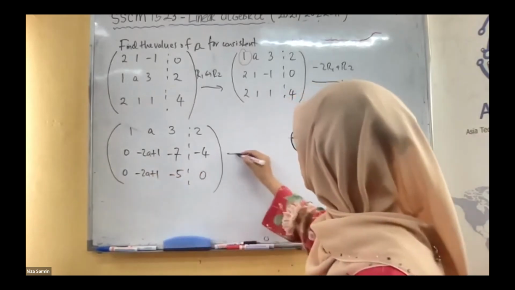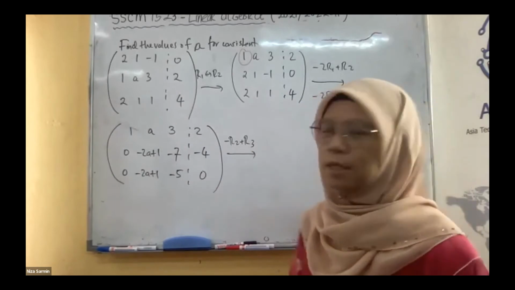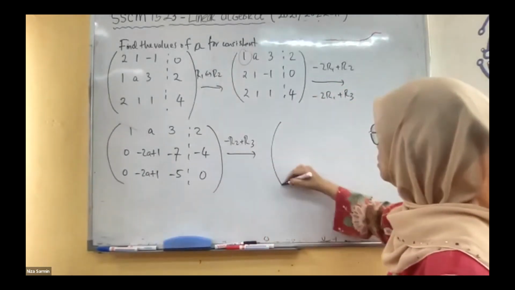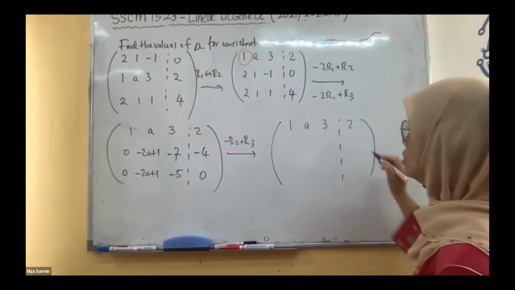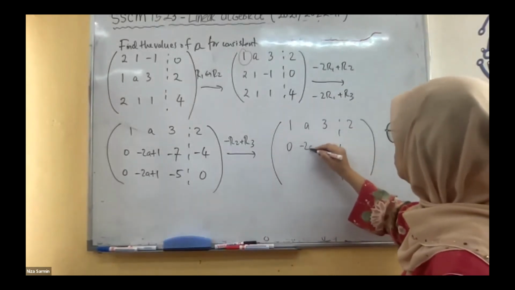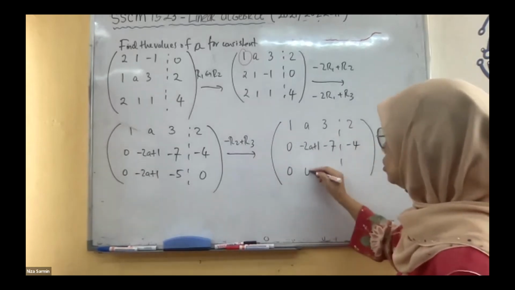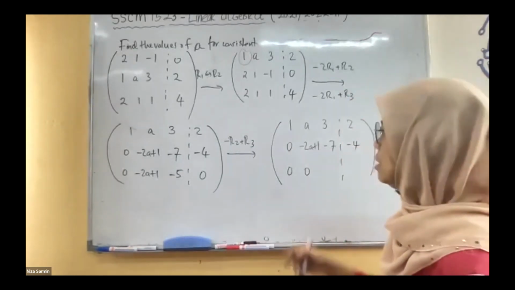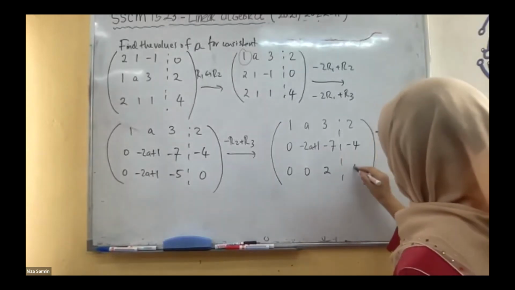So you can just do negative row 2 plus row 3, because they are the same. Okay. So 1, A, 3, 2, 0, negative 2A plus 1, negative 7, negative 4, 0, 0 is the same thing. So negative of that add, right? And 7 is 2, 4.